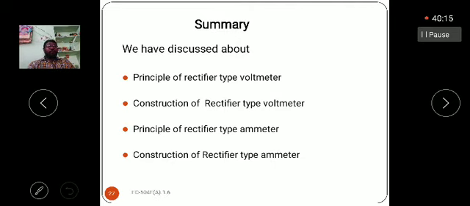In the rectifier type ammeter also, with the help of the bridge arrangement we connected the diodes, and we connected the transformer circuit with the current transformer to step up or step down the signals, and then we get the output in the form of DC. Finally, we observed the basic block diagram, construction and working principle of the rectifier type voltmeters and ammeters.